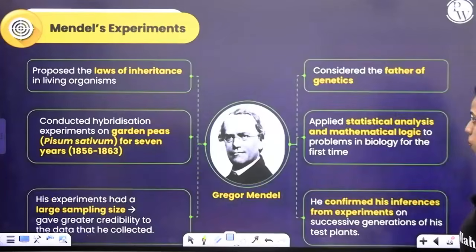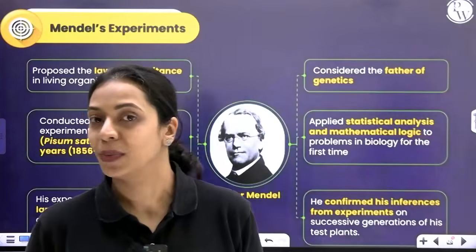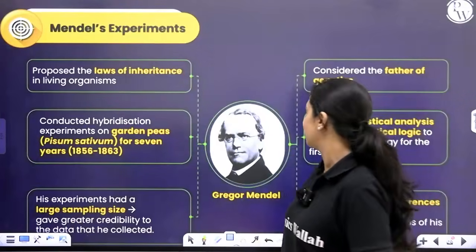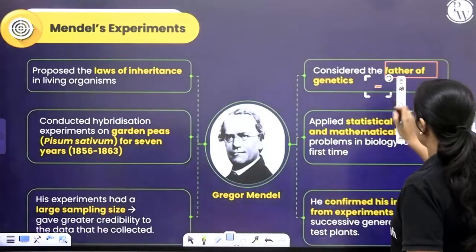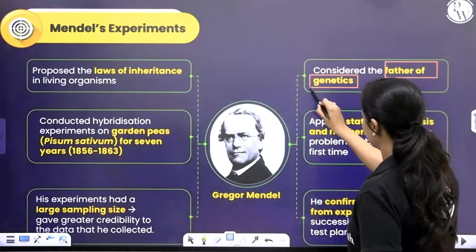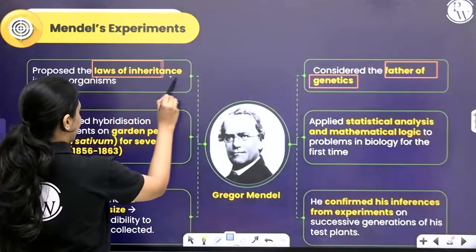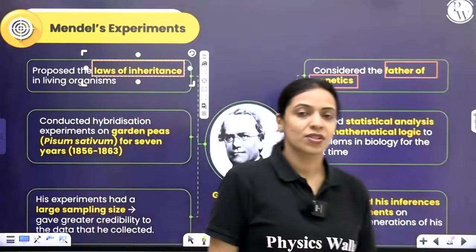Okay? So about who Mendel is and what he did, you may have learnt in your lower grades. Mendel is called the father of genetics, and he proposed some laws of inheritance. Okay, so what did Mendel do?